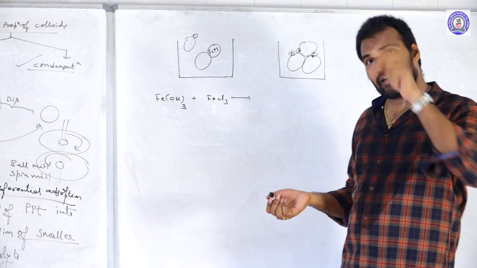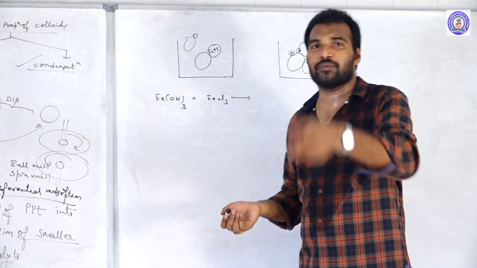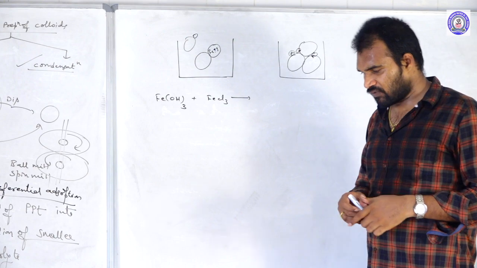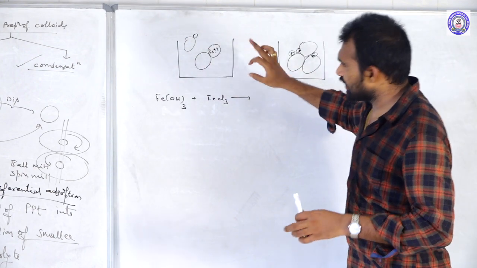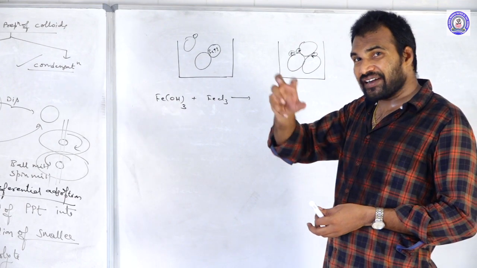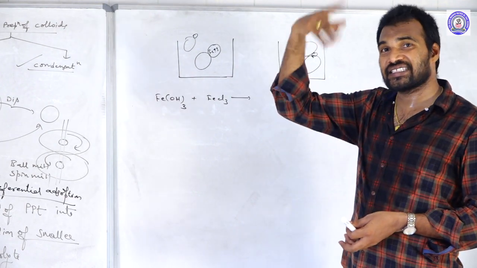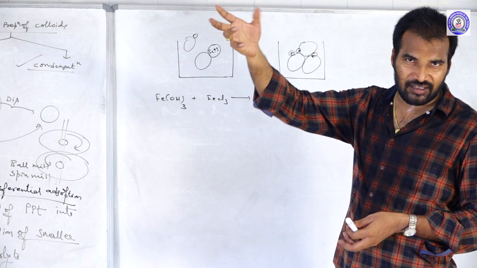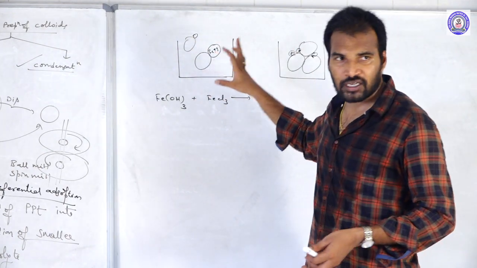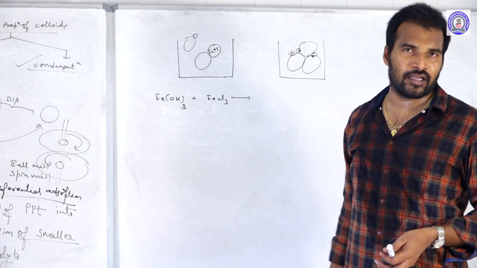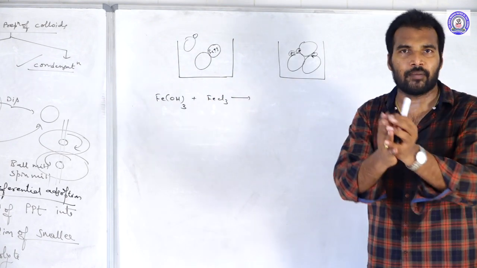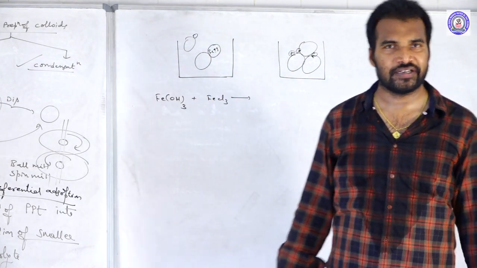You may get the doubt: what will happen if we add an excess amount of electrolyte? After the total surface area has been accommodated by the common ion, no problem. But if we add excess amounts, the excess anions will attack these positive ions and bring back their ions, so that there is no charge. If there is no charge, they will again combine together and precipitation will take place again.